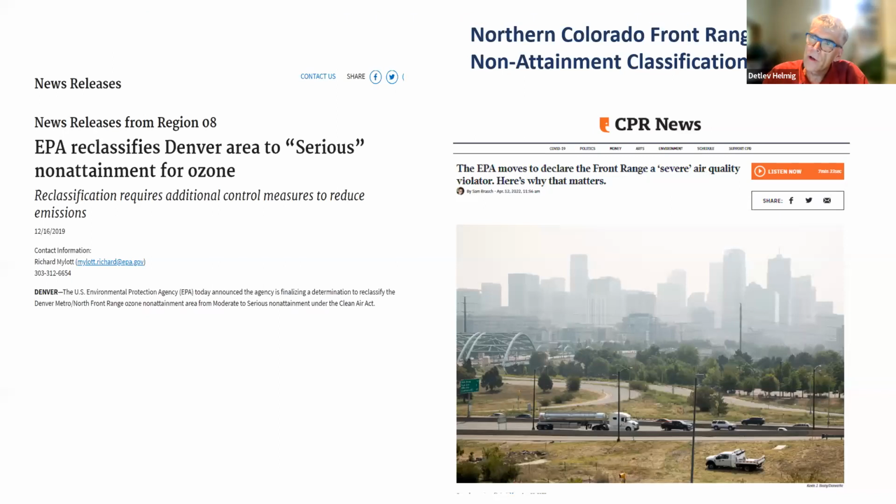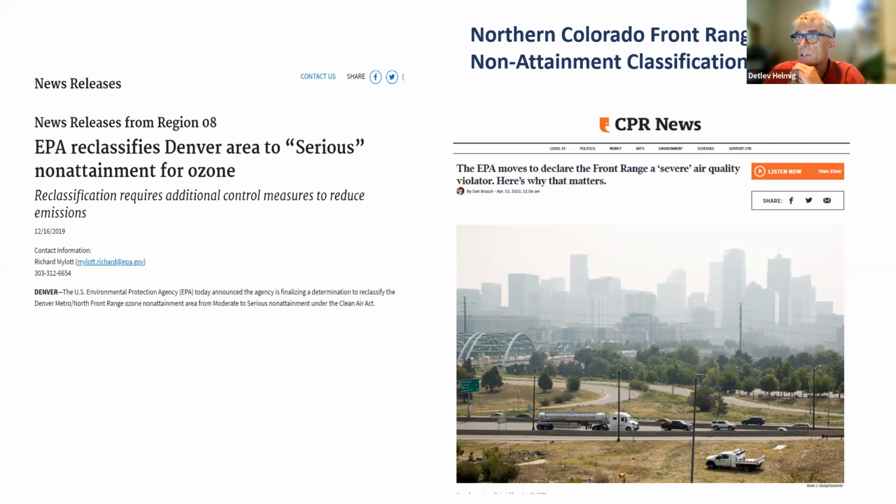So then, depending on how often and how severely you exceed the standard, the region is classified as a non-attainment area, and the EPA reviews this every so many years. There have been two significant changes just in the last few years in the Front Range, and in both of these instances, the classification was changed to a more severe exceedance violation or non-attainment of the air standard.